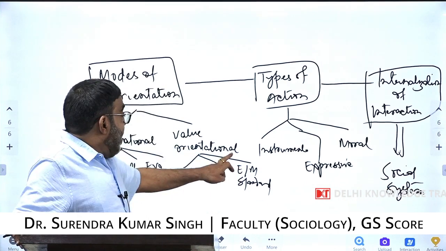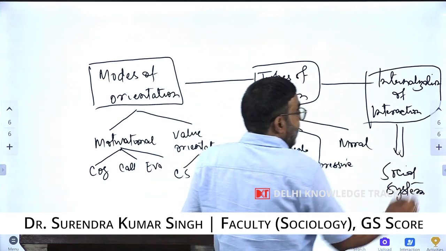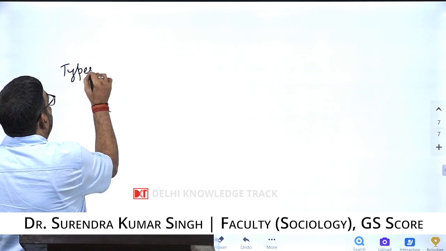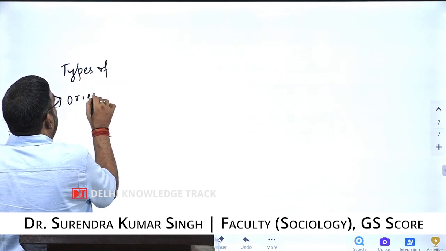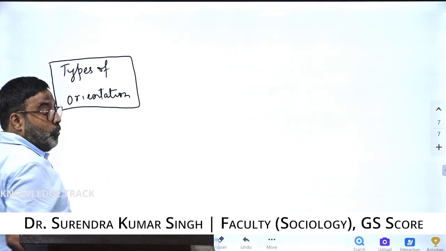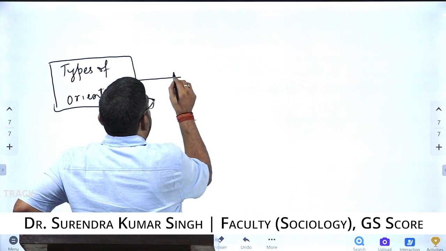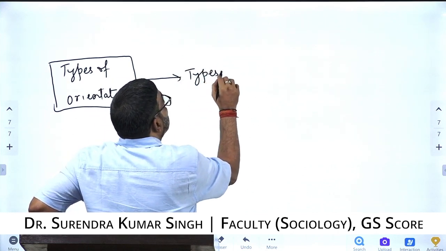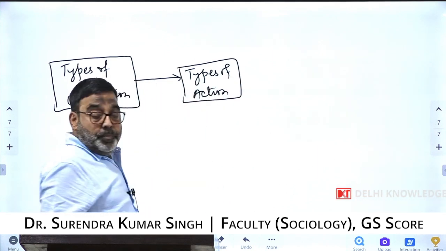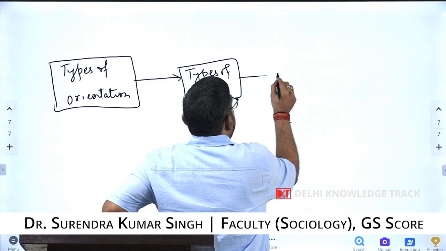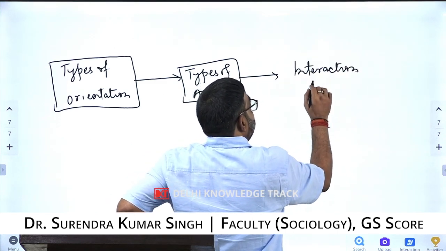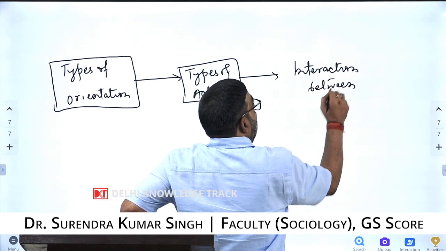And now, apart from this, when I'll be talking about the second diagram, then types of orientations, types of action, interaction between actors.